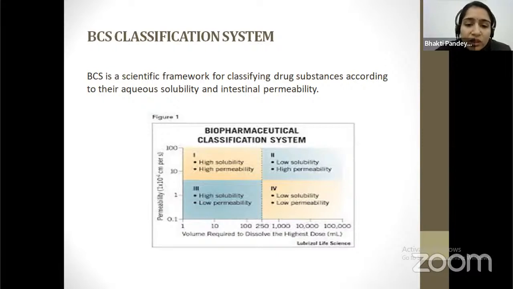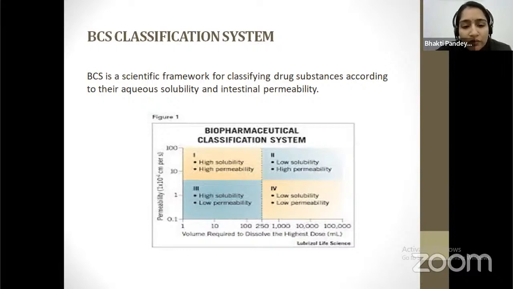Then comes the second one, where solubility is low and permeability is high. For the first criterion, we need to formulate a dosage form, and in the systemic circulation or our GIT, we need drugs in a solution form.